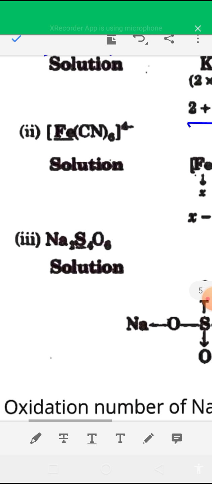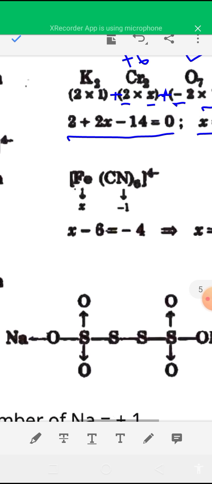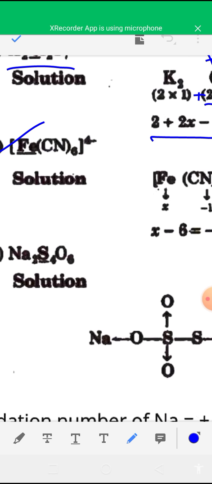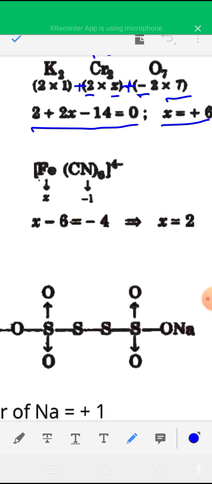Now calculate the oxidation number of Fe in Fe(CN)6 4-. Same process, it is an ion, so the algebraic sum of charges of different atoms in this compound will be equal to -4. Here I have assumed that oxidation number of Fe is x, and you know oxidation number of cyanide is always -1.